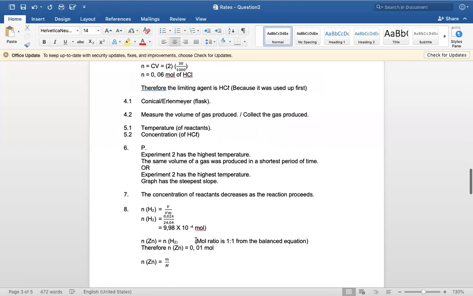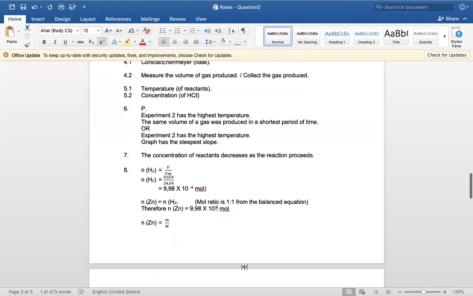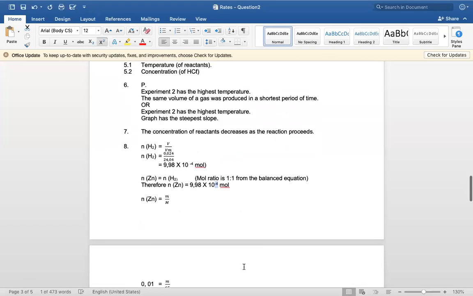So therefore, the number of moles of zinc will also be 9,98 times 10 to the minus 4 moles.